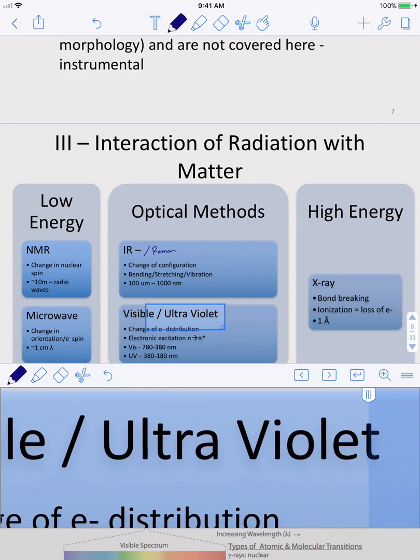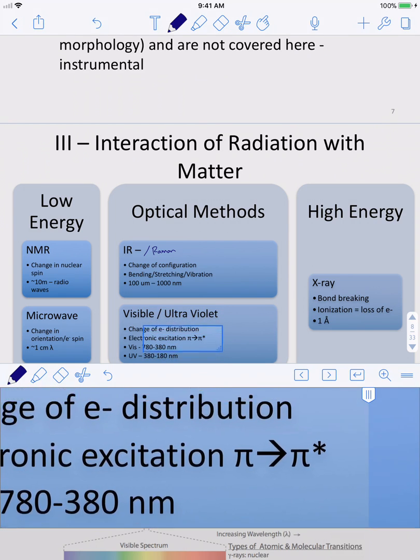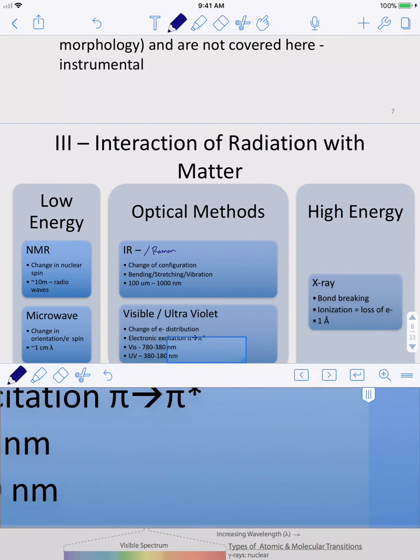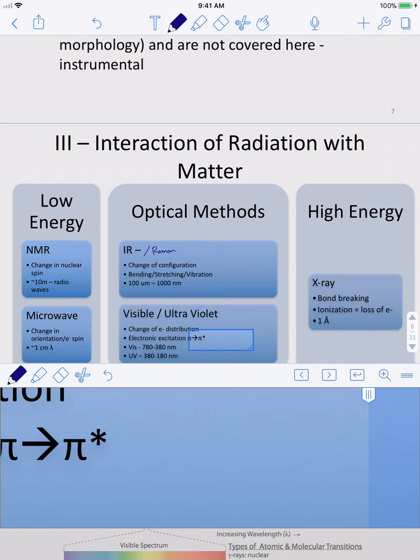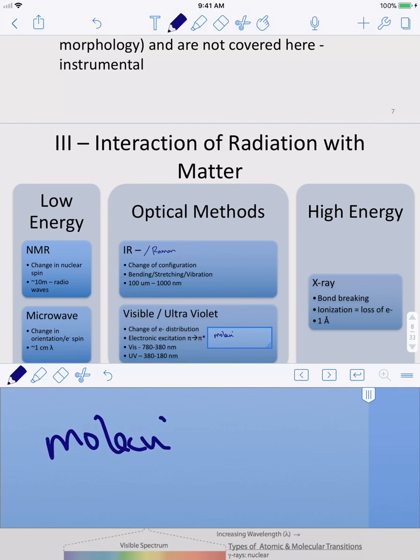And then we go to the interaction of visible light and ultraviolet light, and here we're really looking at the change in electronic distribution across a molecule. When we're thinking about how electrons are distributed across a molecule instead of across an atom, we have to go to MO theory, or molecular orbital theory.